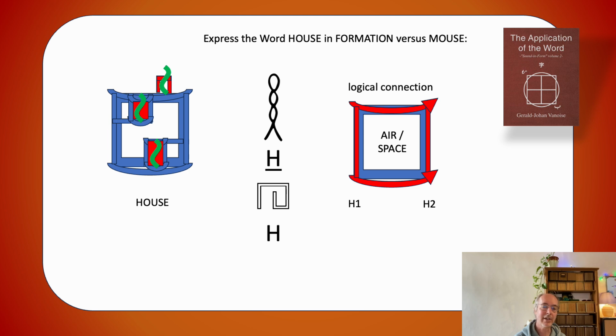So, what is the H about? It is all about finding a logical connection, not just within a frame but within a space, let's say a spatial frame. That's what you have basically. So what's the difference between the two letters?